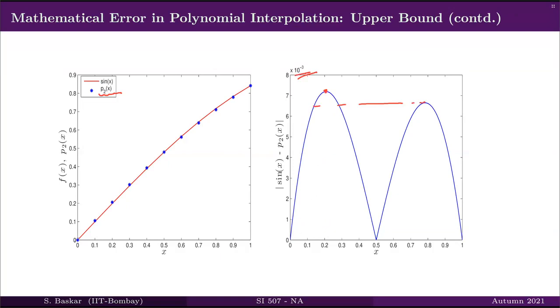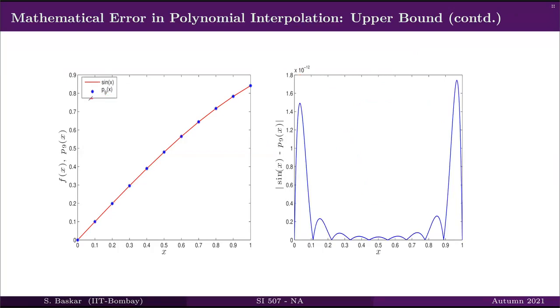The nodes were x0 equal to 0, x1 equal to 0.5, and x2 equal to 1. Coming to the maximum norm of the mathematical error involved in P2, you can see its maximum norm is attained here, and that is something like 7 into 10 to the power of minus 3. Therefore, this is much less than what we obtained from the linear polynomial interpolation.